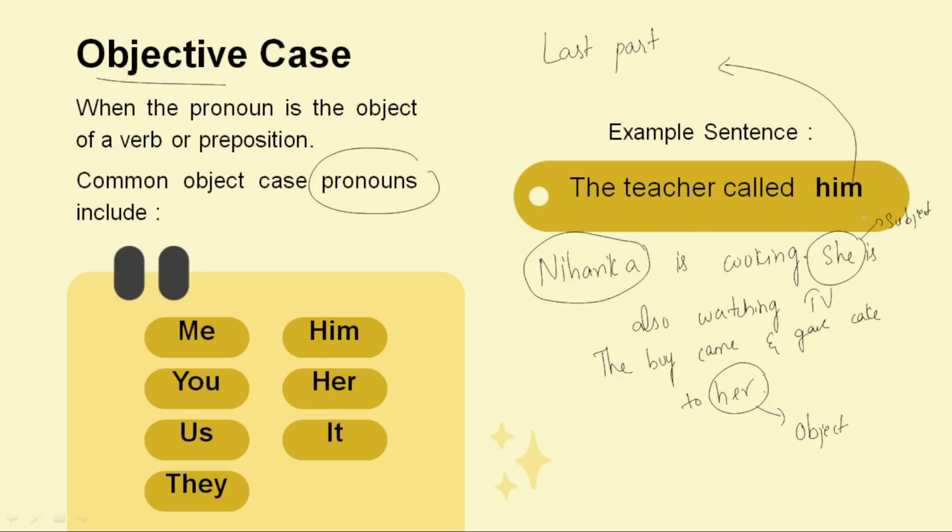If the pronoun comes in the first part of the sentence, we call it the subject. If it comes at the last part, we call it the objective pronoun. Generally the objective pronouns are me, you, us, they, him, her and it, depending upon the gender.